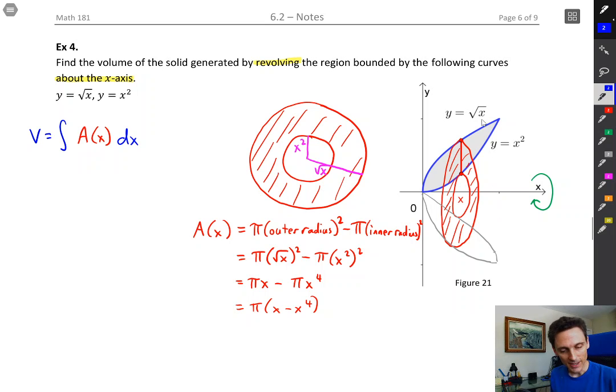But if you didn't know that, the way you could figure out where the region is pinched off over here is just to figure out the intersection point, just like we did in 6.1. So we set the two curves equal to each other, square root of x equals x squared, and then solve that equation. Let me just show you what that would look like up here. If we had the square root of x equals x squared, we can square both sides.